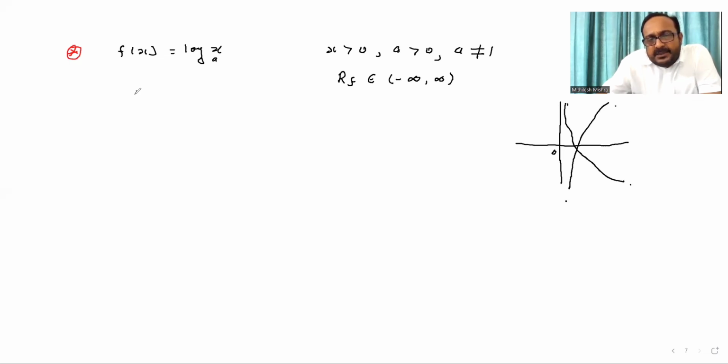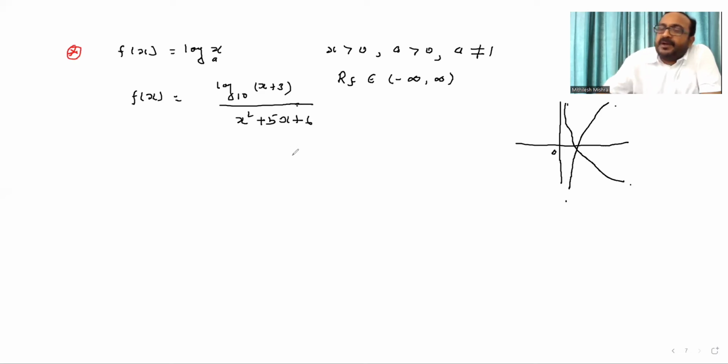See one example. Suppose f(x) is given as log base 10 of (x plus 3) upon (x square plus 5x plus 6), and you have to find the domain, right?